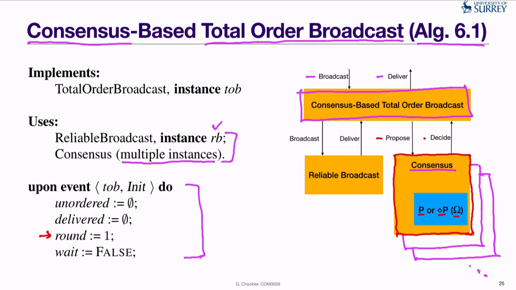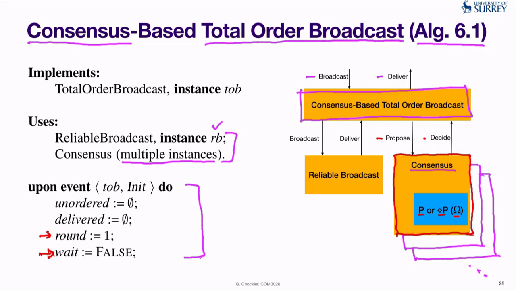As you will see, the algorithm proceeds by first accumulating a bunch of messages and then using a single instance of consensus to propose the accumulated batch as a value for consensus. And then it is going to wait until a decision is available.